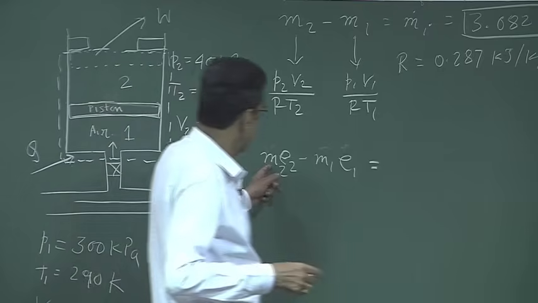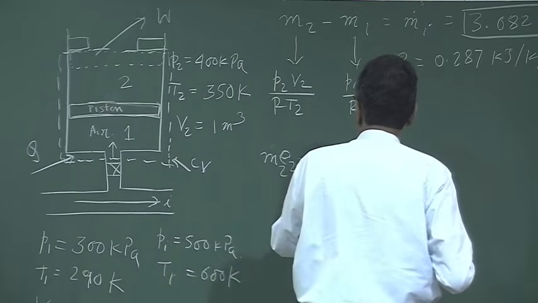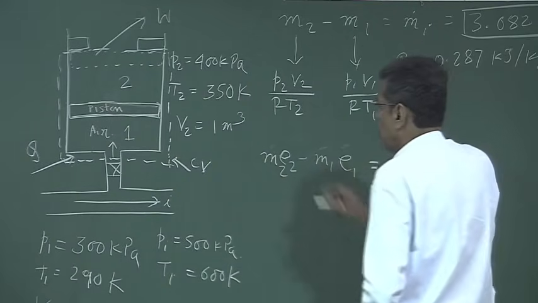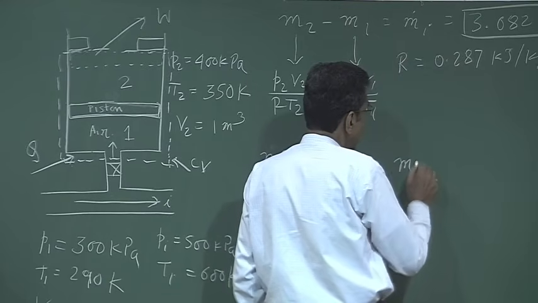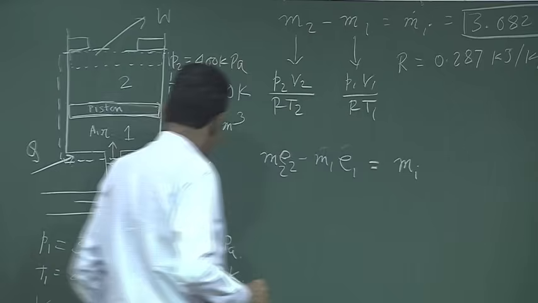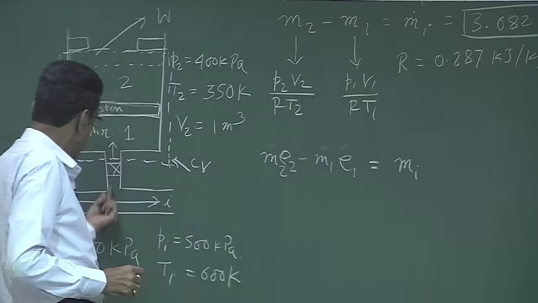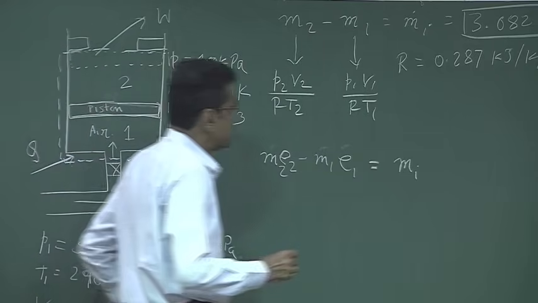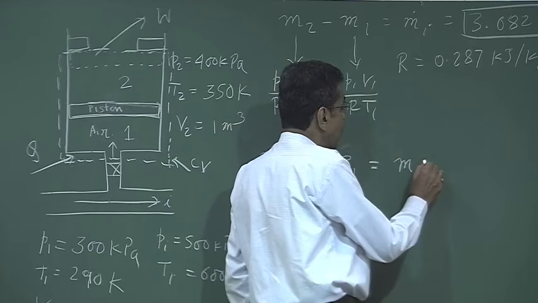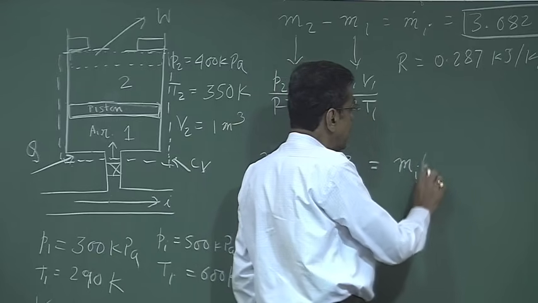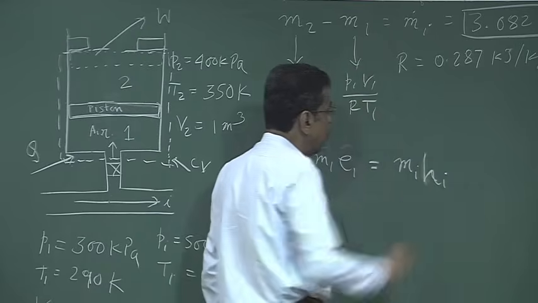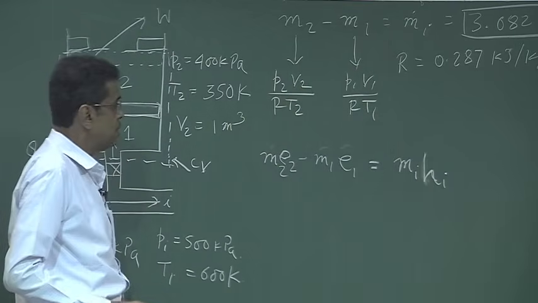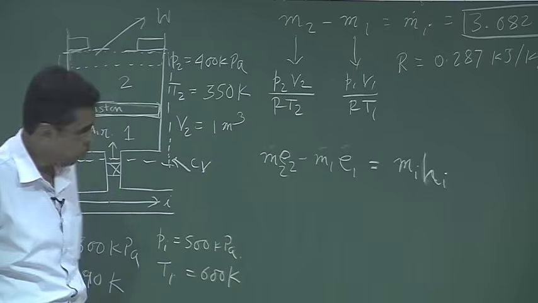This change in energy in the control volume equals the inflow of energy, that means Mi into the energy which is coming with the flow, which is nothing but H, enthalpy. We have said that this is U plus PV. So enthalpy is there, flow work is added.